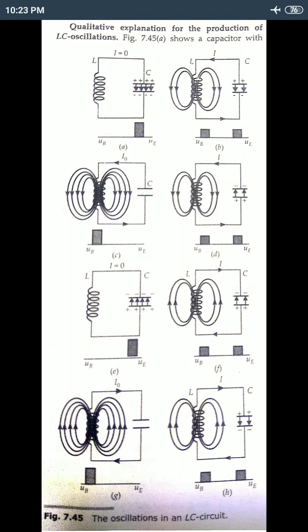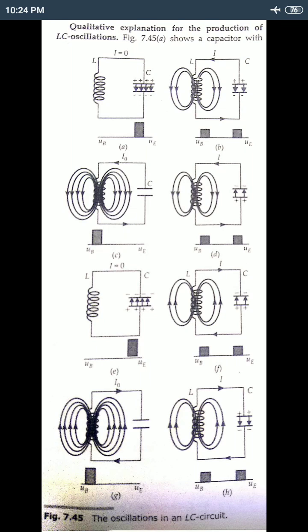The electrical energy stored in a charged capacitor is U equals half q square by C, and as there is no current in the circuit, the energy stored in the magnetic field of the inductor is 0. There is no current, that's why I equals 0.